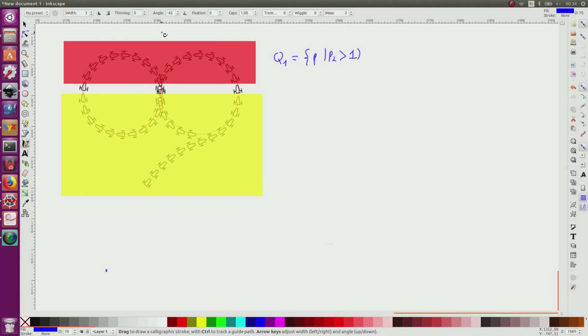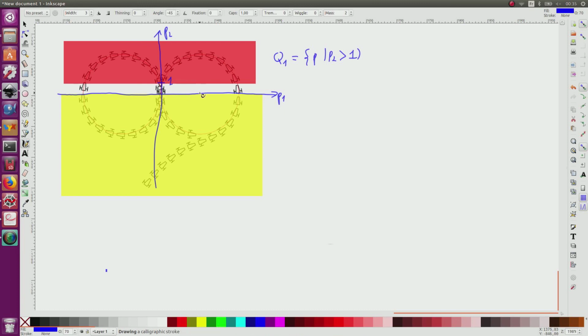So in fact what I have here is P2, here I have P1 and here I have 1.